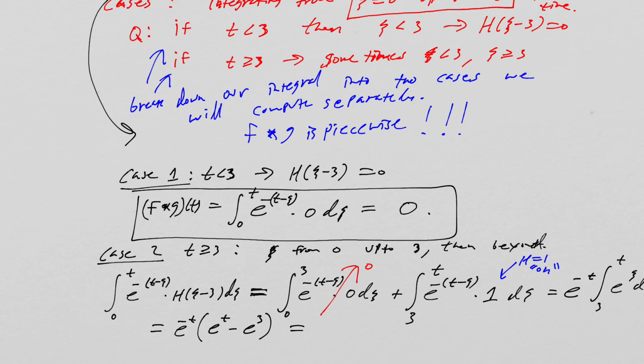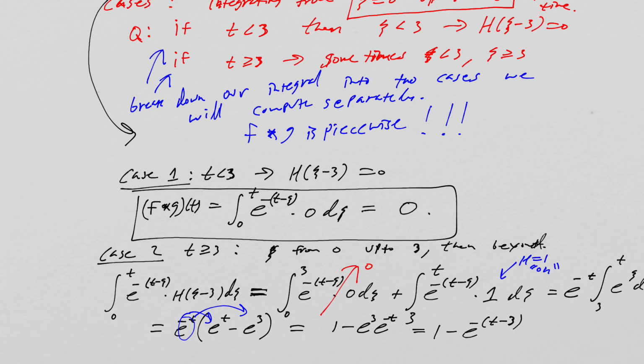What we're seeing here is that this is actually going to be 1 minus. Again, when we multiply this to that, we get 1. And then I multiply that in, and I get e to the 3, e to the negative t. I can rewrite that as 1 minus e to the negative t minus 3. And that's a really great answer.